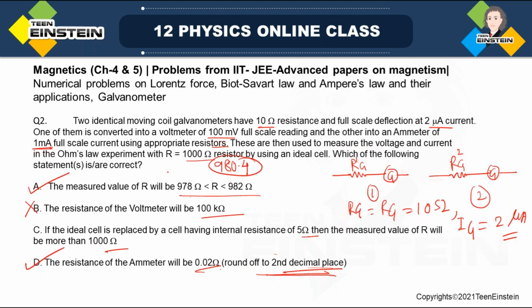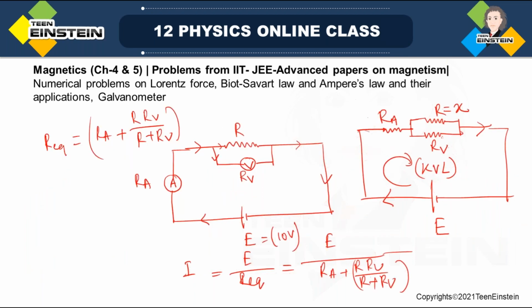Actually in that case, if the internal resistance is there, the measured value of R will be more than 1000 ohm. Actually we have already seen when, okay, let me go to the next page.